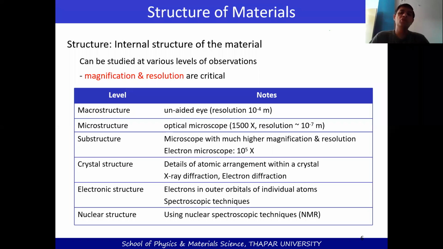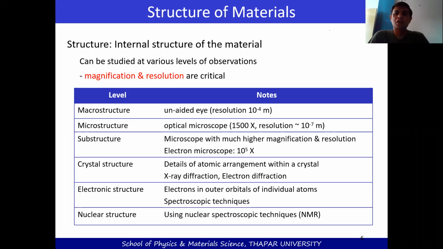And one can achieve this with a device which is called an electron microscope. Electron microscope possesses much higher magnification as compared to an optical microscope. For example, the quoted magnification for an electron microscope here is 10 to the power 5 times the original magnification. So magnification is 10^5 x.